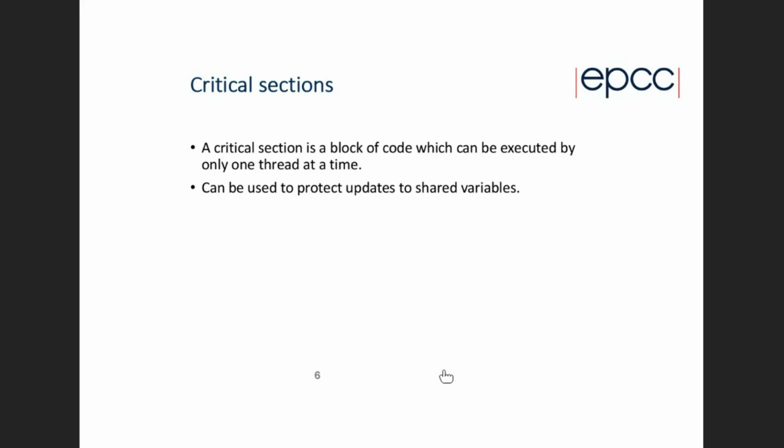Okay, so move on to the next type of synchronization, which is critical sections. So a critical section is a block of code which can be executed by only one thread at a time. And this is what we want to be able to protect updates to shared variables. Make sure that only one thread at a time can execute a particular piece of code.